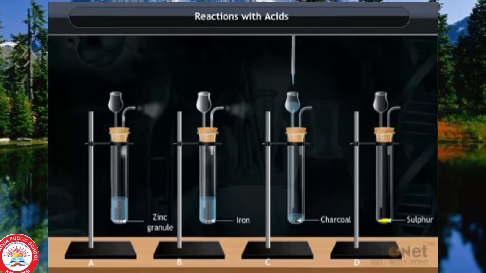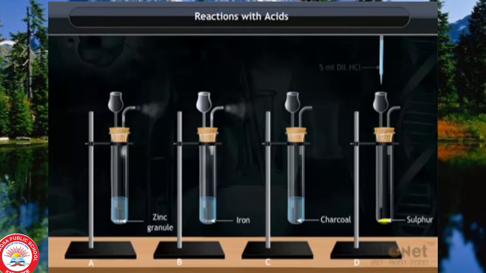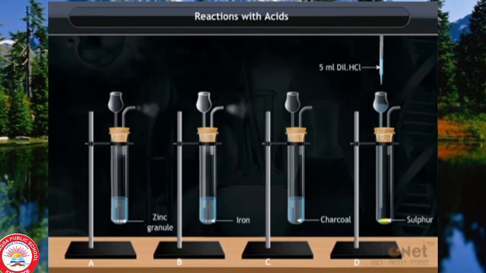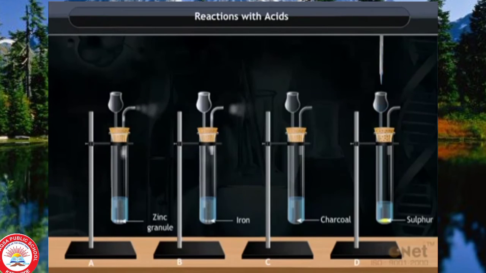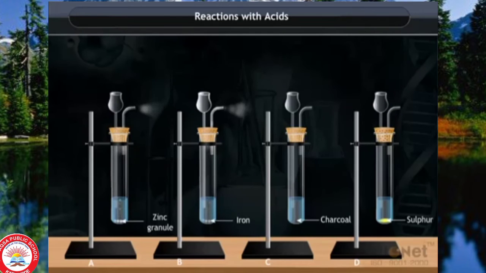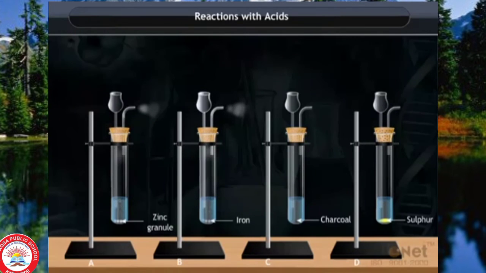Now we can see that a gas is coming from test tubes A and B. Now please watch test tubes C and D. Do you see any gas from there?